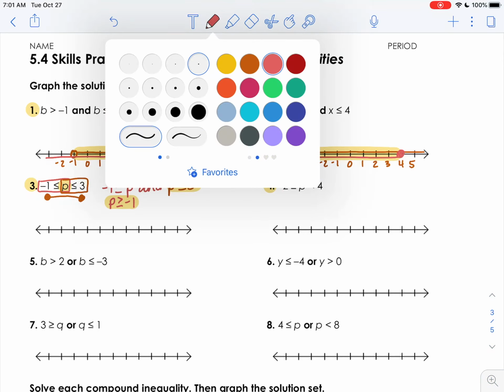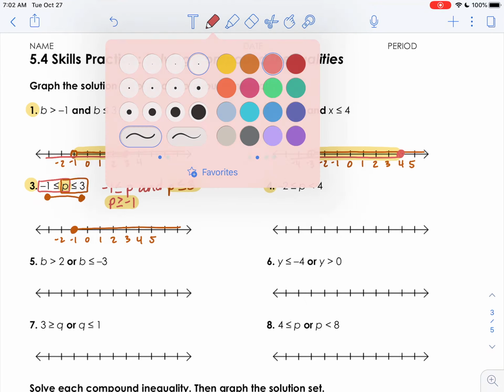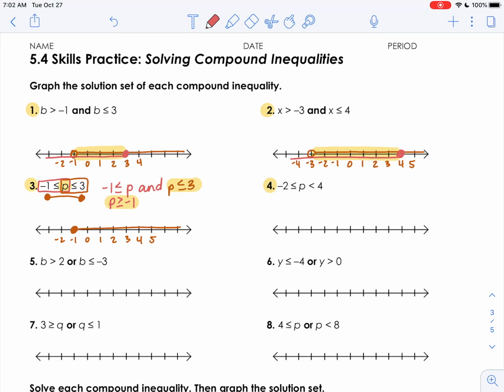So I'm going to graph the p is greater than or equal to -1. So I'm going to start at -2. I'll put a closed dot because it's greater than or equal to on -1. And it's greater than that, so I'm going to point to the right. And p is less than or equal to 3.